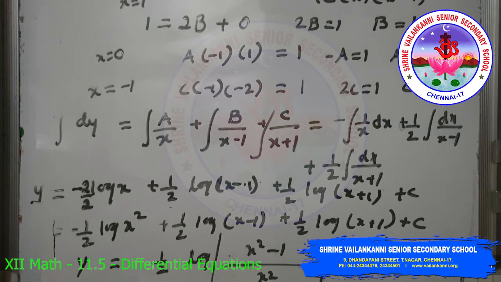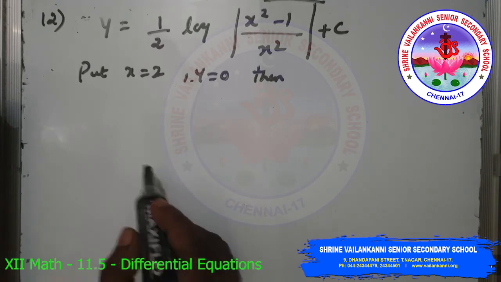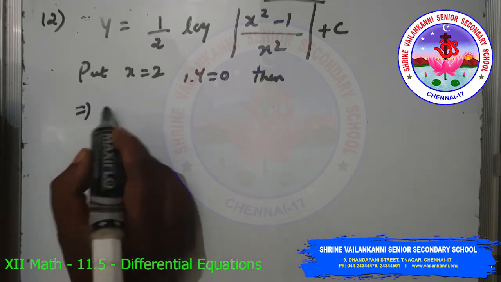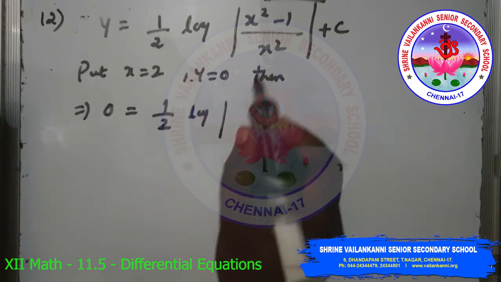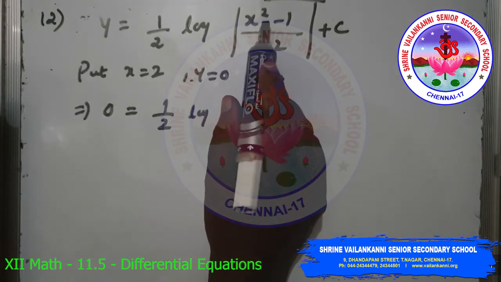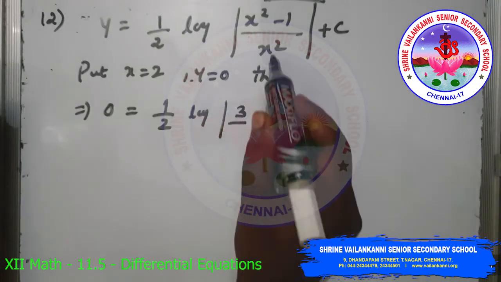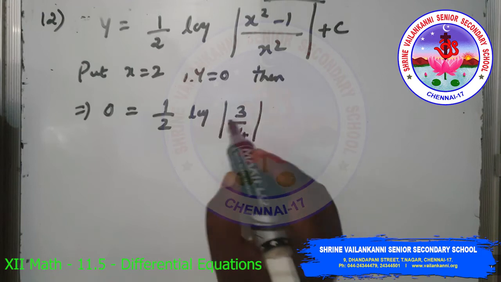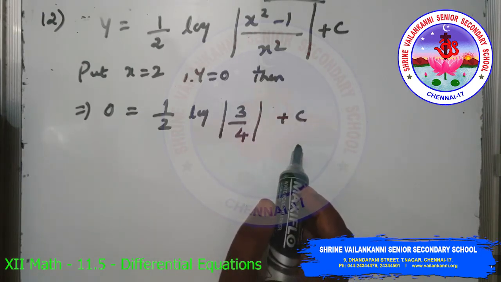Now we have to substitute the values of x and y to get the required solution. Put x equal to 2, y equal to 0: 0 equals half log of (2² − 1)/2². 2² is 4, 4 minus 1 is 3, so log of 3/4, plus c. Now we have to find the value of the constant c.